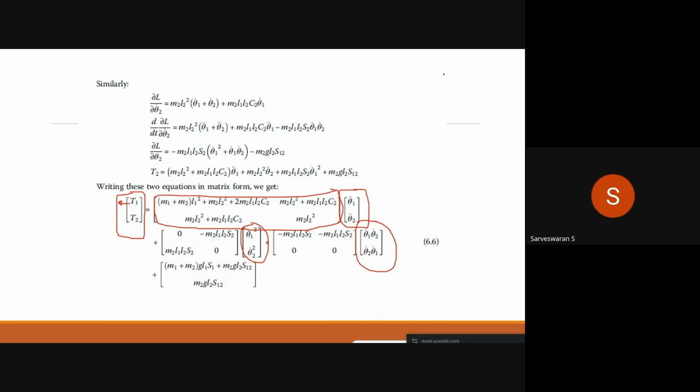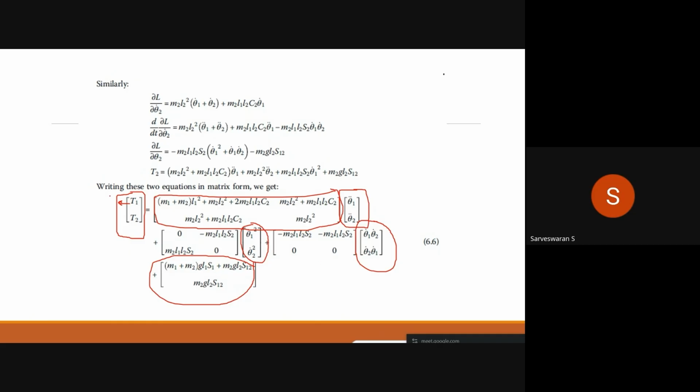This is your centrifugal component, and this is your Coriolis component, where theta 1 dot and theta 2 dot are combined. And the final one is your gravity terms, which are present irrespective of the angles and the velocity terms.